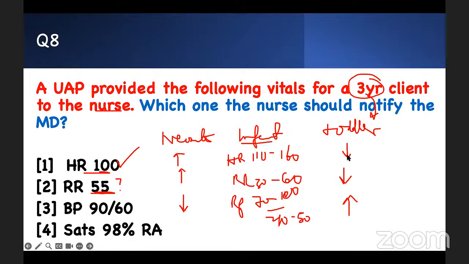Toddler is 70 to 100, therefore 90 over 60, I like this. Saturation is normal. So the only thing left is this. You can learn the other stages, but don't memorize all of them. You have to know the neonate, infant, and toddler because they are the most vulnerable people and NCLEX is likely to ask questions on them. So 55 is not good for them.